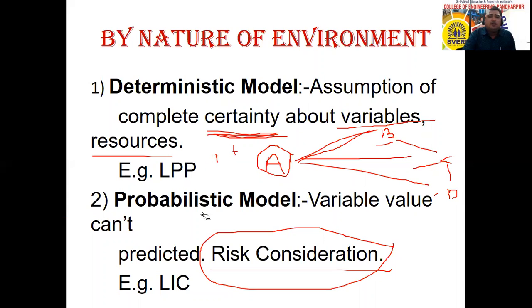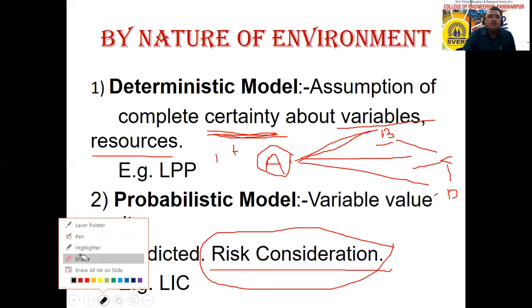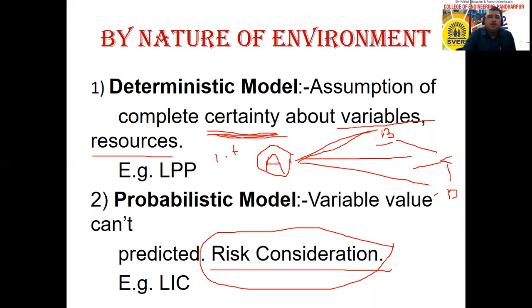Out of that 10 tons, if B requires 4 tons, C requires 9 tons, and D requires, let's say, 2 tons, how should A complete the particular transportation?